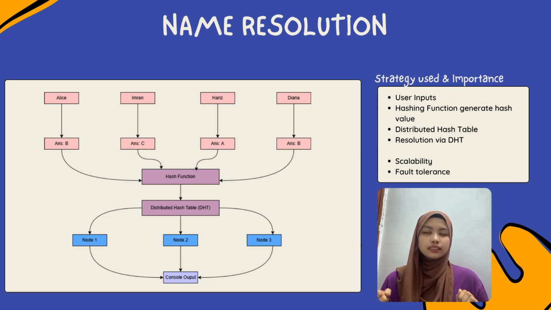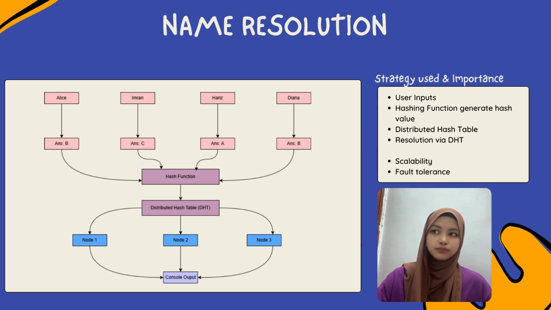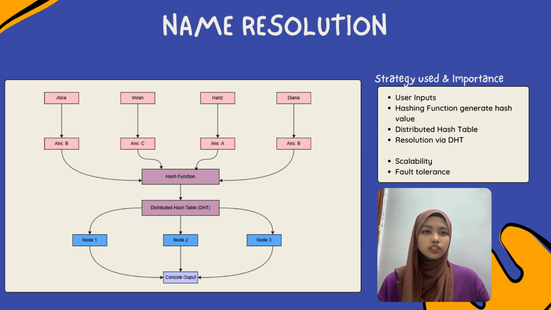Then, when a query is made, for example finding Alice's answer, the hash of Alice will be recalculated through the DHT to locate the appropriate node.